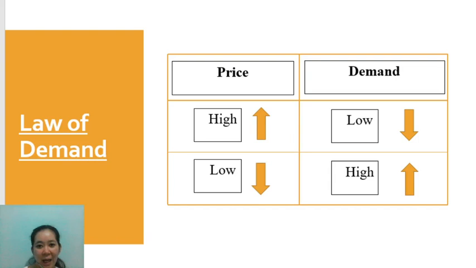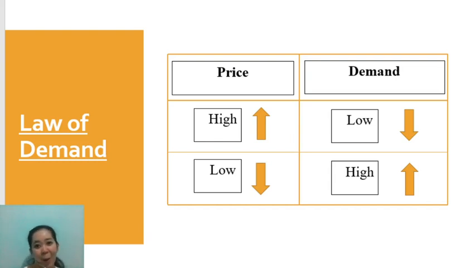Because again, price is one of the most important determinants and factors that we consider in the demand of goods and services on the part of the consumers. So again, this is also being influenced by the level of their income as well, so their ability to buy.